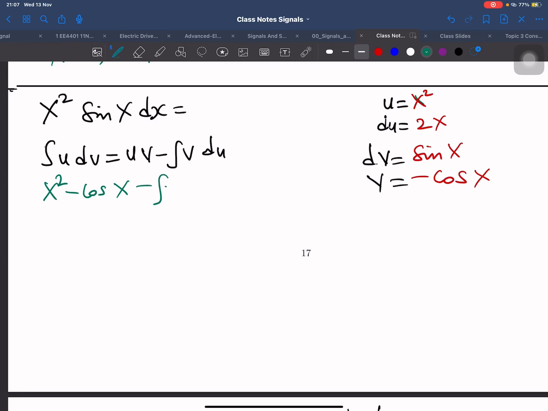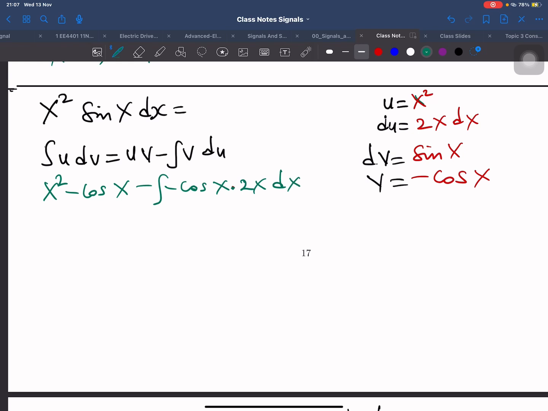minus the integration of minus cos x, then our du is 2x dx.